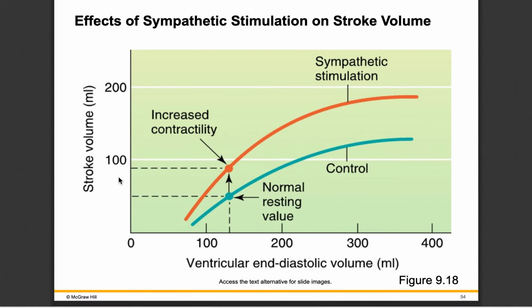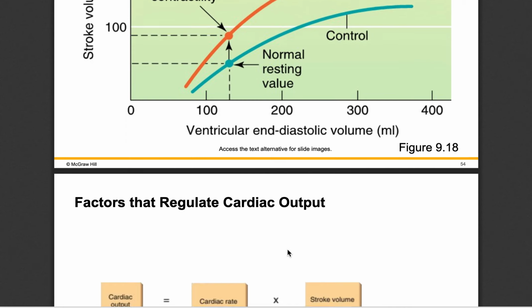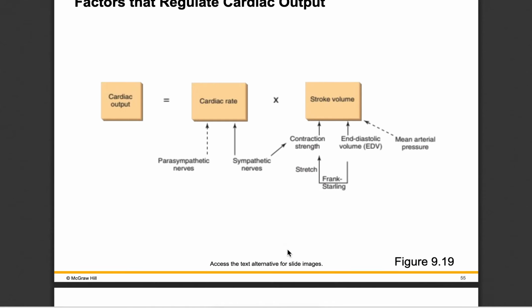So again, showing that stroke volume increase when you put the sympathetic nervous system into play, when those nerves innervate the heart, how the contractility increases, and how we're delivering more blood with every single beat of the heart with that sympathetic nervous system, and how it relates to increasing amounts of blood into the heart as well. And so really what you're seeing is cardiac output.